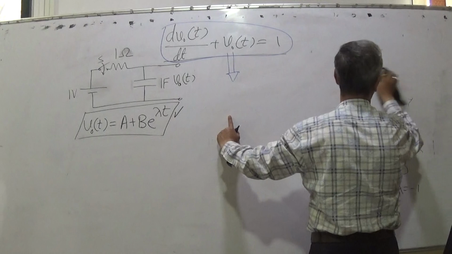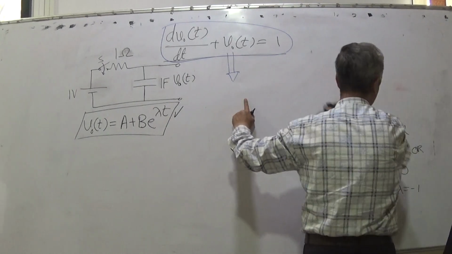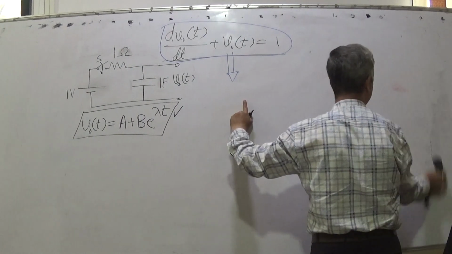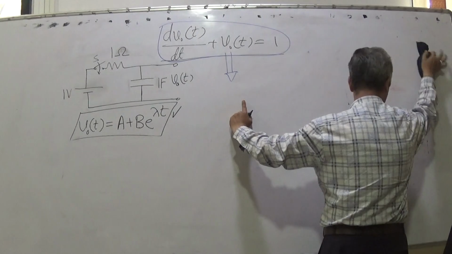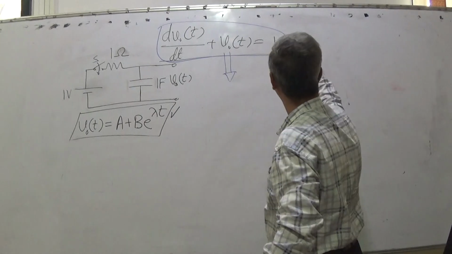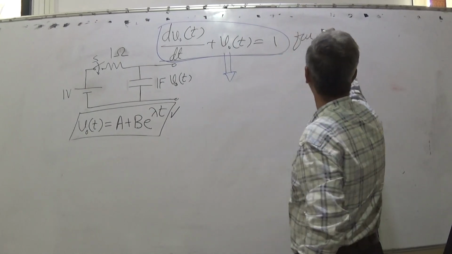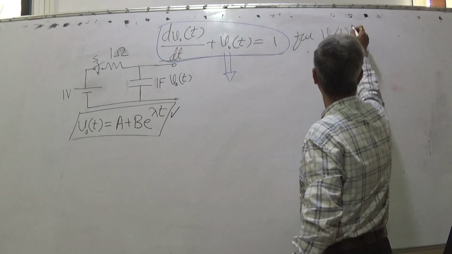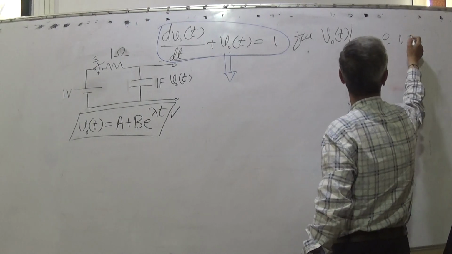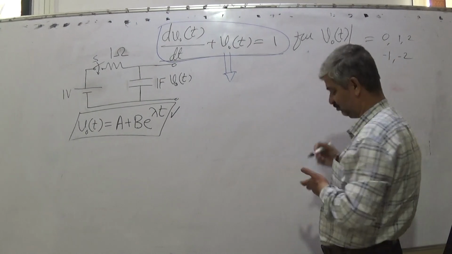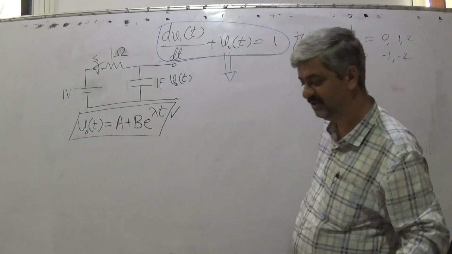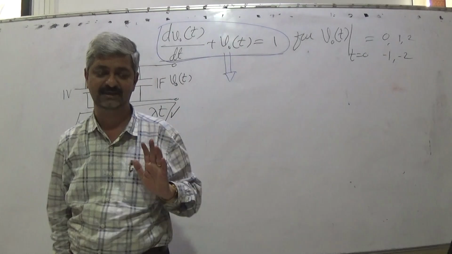Solving a differential equation is never complete unless we say to solve it for V0(t) with V0 at t equal to 0 being, say, 0, 1, 2, minus 1, anything. Unless V0(0) is expressed, we cannot get the answer.